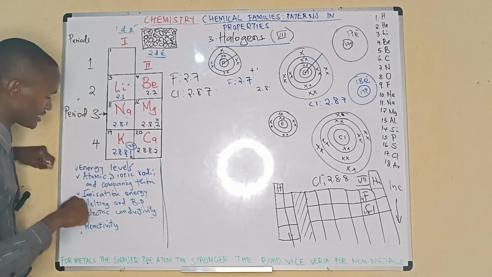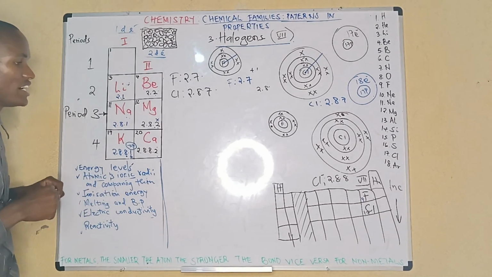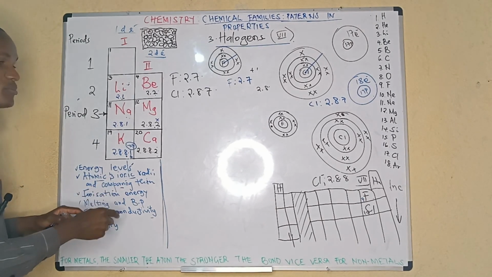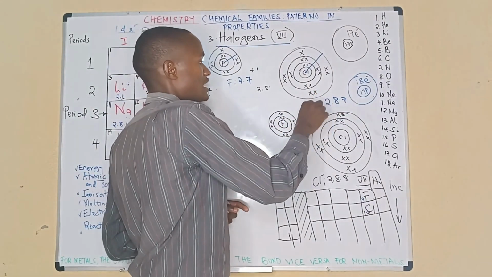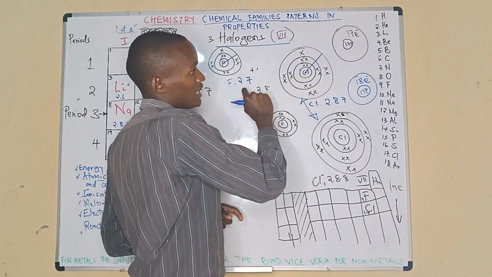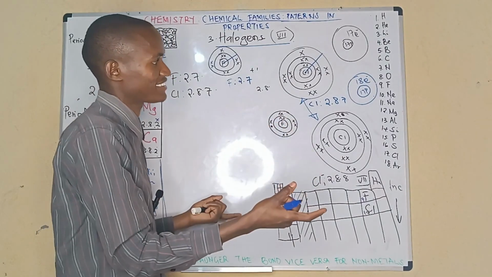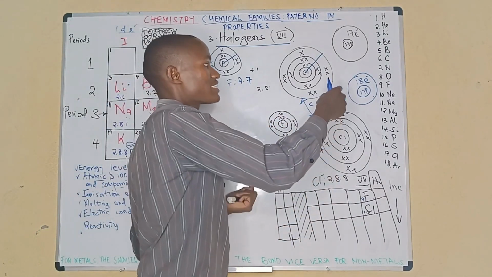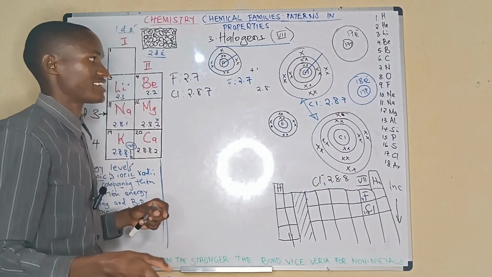We have looked at the atomic radius. Good. We have looked at the ionic radius. Now we want to compare them. Let us take a single element like chlorine and compare the atomic radius and the ionic radius. We have already discussed that there is an increase in the number of negative charges leading to lower nuclear attraction.